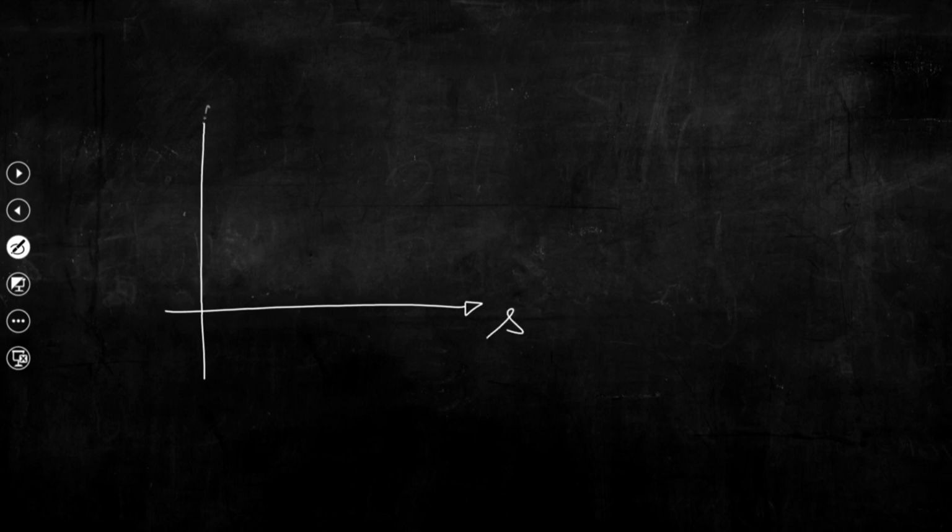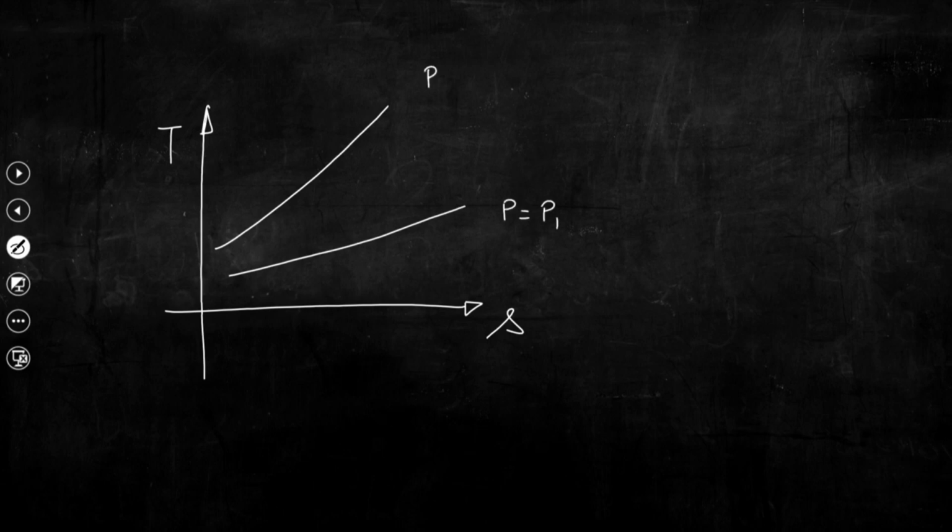So, if we try to plot the processes in the TS plane, this is P equal to P1, this is P equal to P2, right.